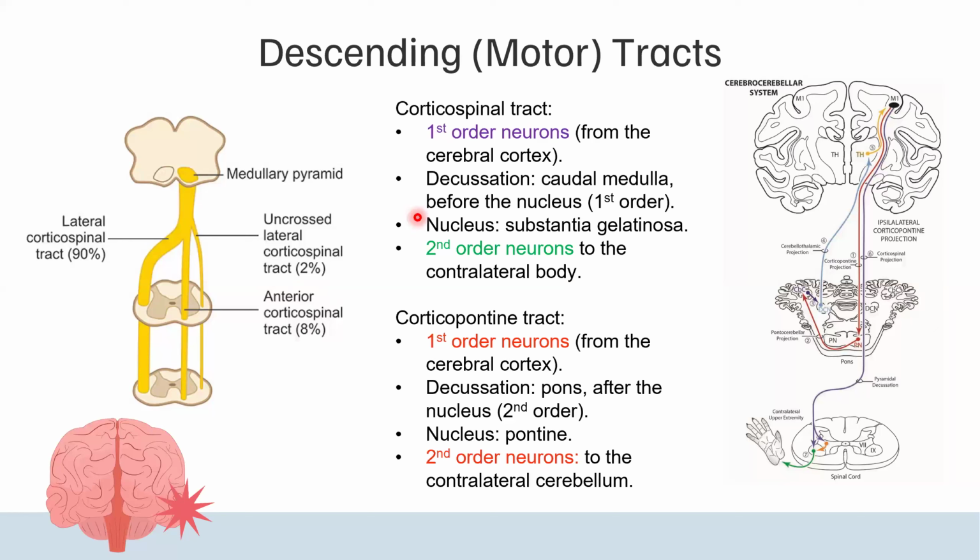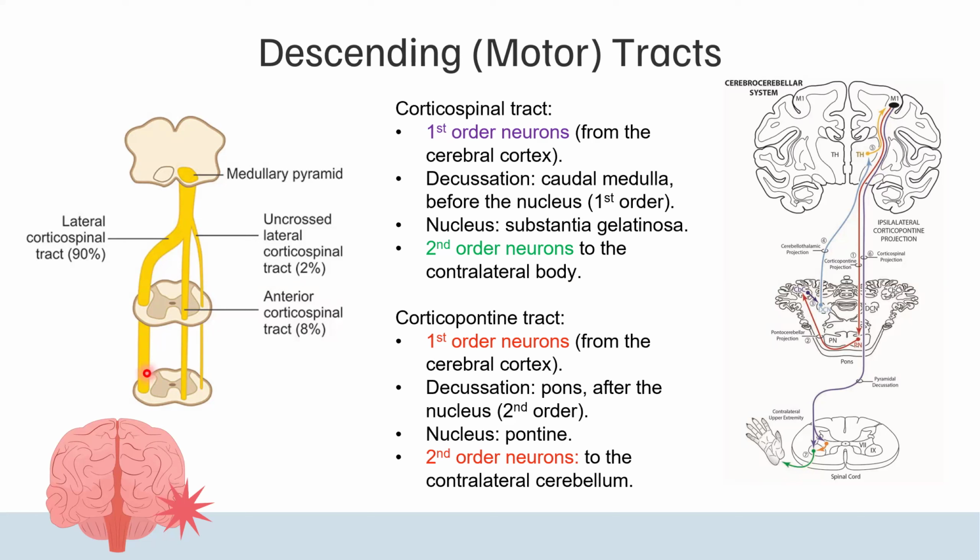They will decussate within the caudal medulla, so the bottommost portion of the medulla, and then they will continue descending on the contralateral side after this decussation. Is that clear? So this entire process is our first order neuron. The one doing this entire decussation is the first order neuron.